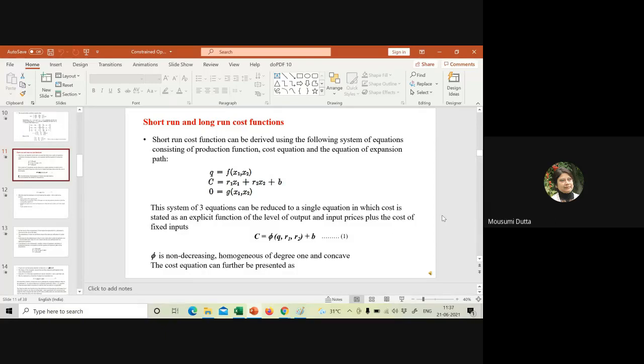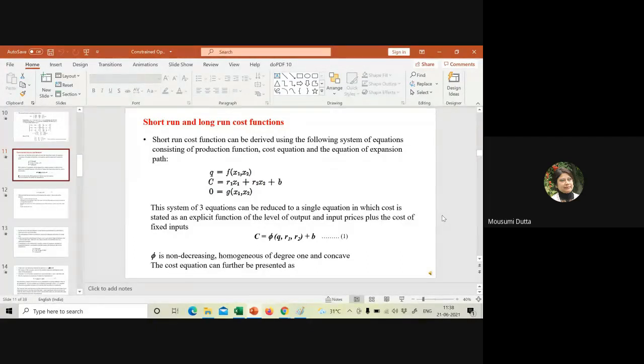What we did was consider all the inputs as variable, and whatever cost equation we derived using cost minimization subject to the output constraint, that is the long run cost, because we are considering all factors of production to be variable.